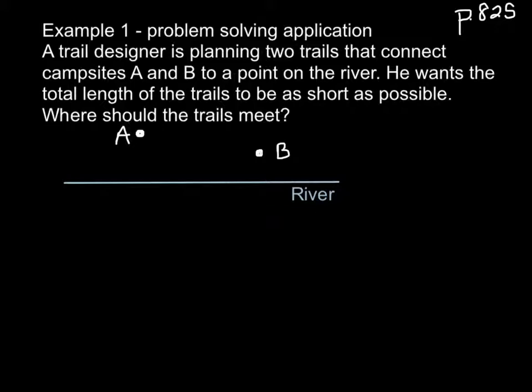We can actually reflect B or A, either one. We can reflect B across the river because the river becomes the line of reflection.